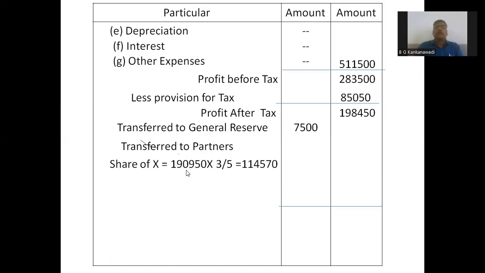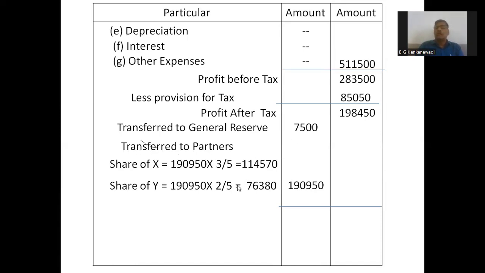So you distribute it between the partners. First partner's share is 3 out of 5. So his share is 1,14,570. Second partner's share is 2/5. That is 76,380. So the total of this is 1,90,950. Okay. This is the profit.